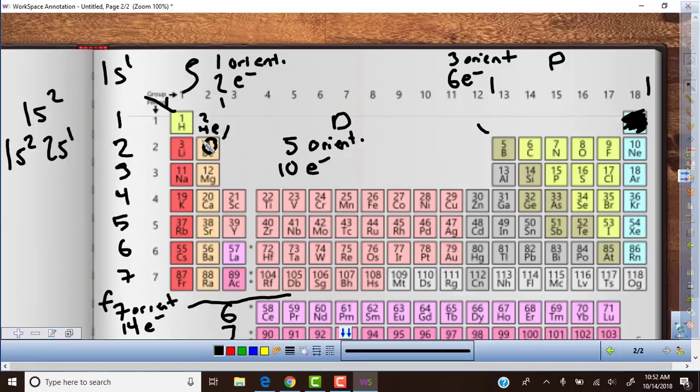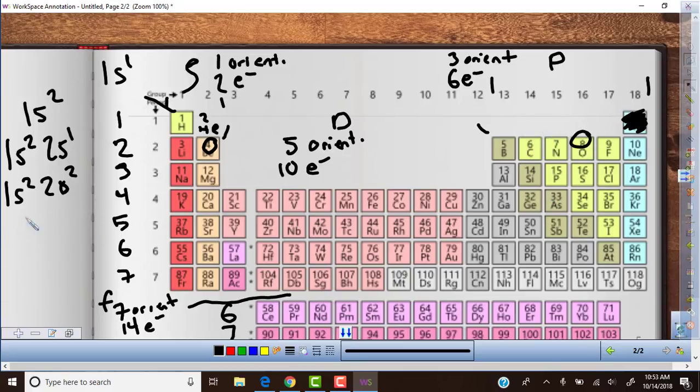We are past the 1s orbital, so we describe that as 1s2. And we are in the 2s orbital now, but instead of just 1 electron in the 2s, it has 2. One thing to keep in mind, to help you remember this, is that your superscripts, your exponents up at the top, when you add them up, if it's a neutral atom, will equal the atomic number. So 2 plus 2 is 4. Makes sense, right?